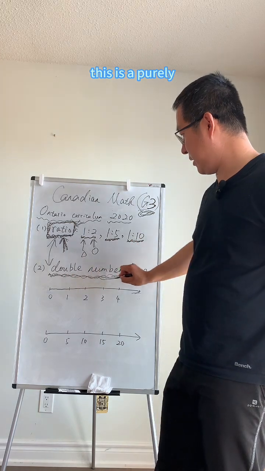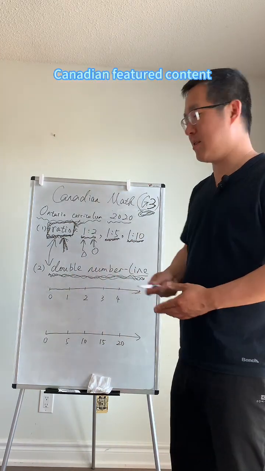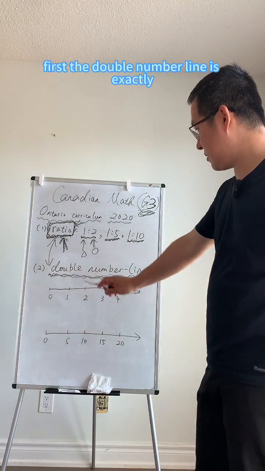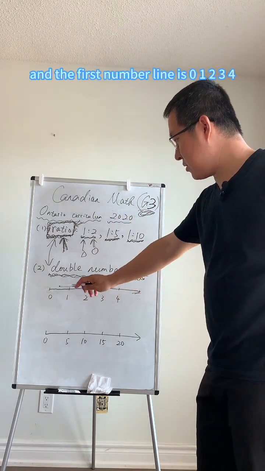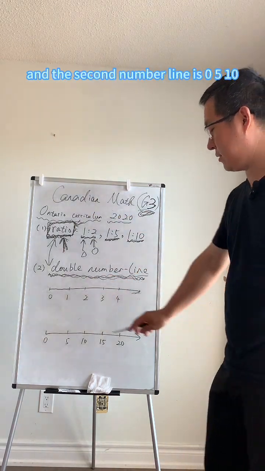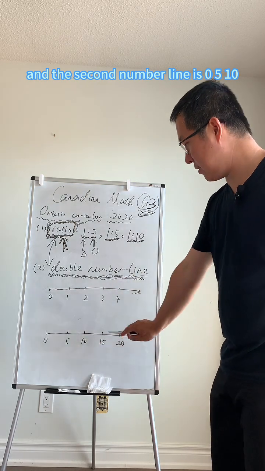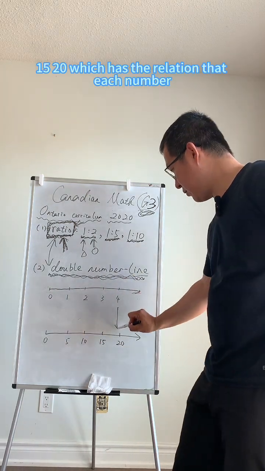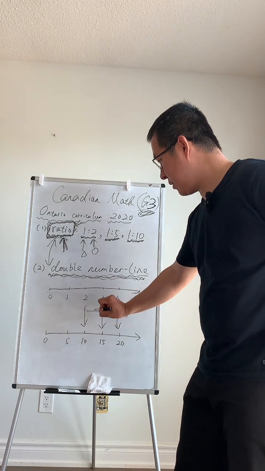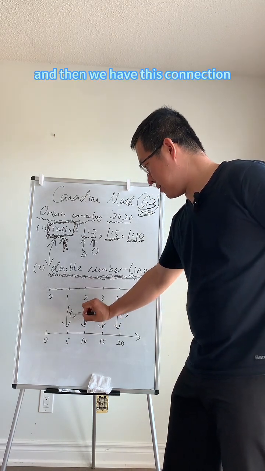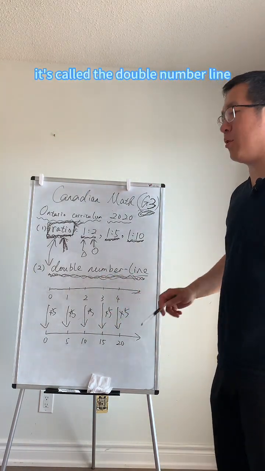This is a purely Canadian featured content. This double number line is exactly from the Ontario file. The first number line is 0, 1, 2, 3, 4. And the second number line is 0, 5, 10, 15, 20, which has the relation that each number we times 5. And then we have this connection. It's called the double number line.